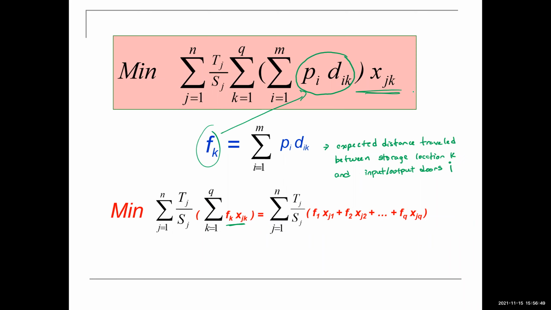Note that if you expand that expression, it will look like something like this, in which you're going to have a ratio Tj over Sk multiplied by this linear equation of F1 times Xj1 plus F2 times Xj2 and so on until you cover all possible combinations. And we're going to use that to solve this problem.